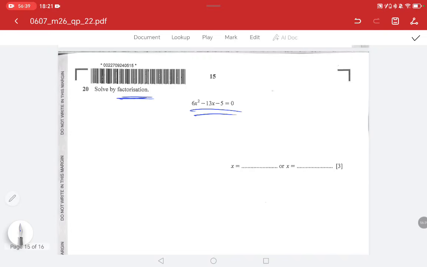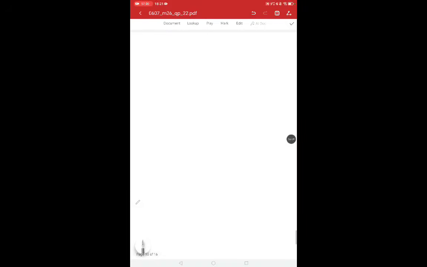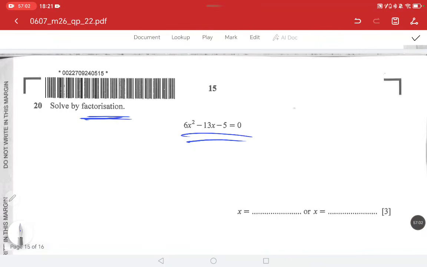In the exam, and mostly this will be in paper 4, if they ask you to solve a quadratic equation and to round your answer to 2 decimal places, most likely you will use the quadratic formula. But here we will use factorization. Can they ask to solve with the quadratic formula in paper 2?